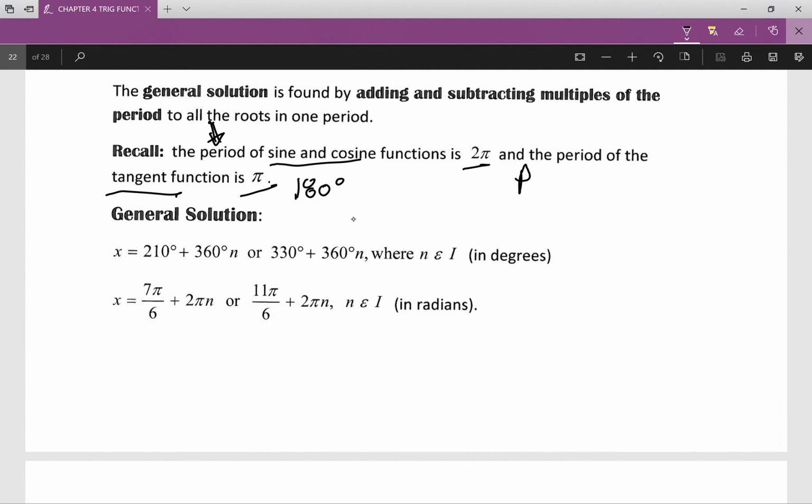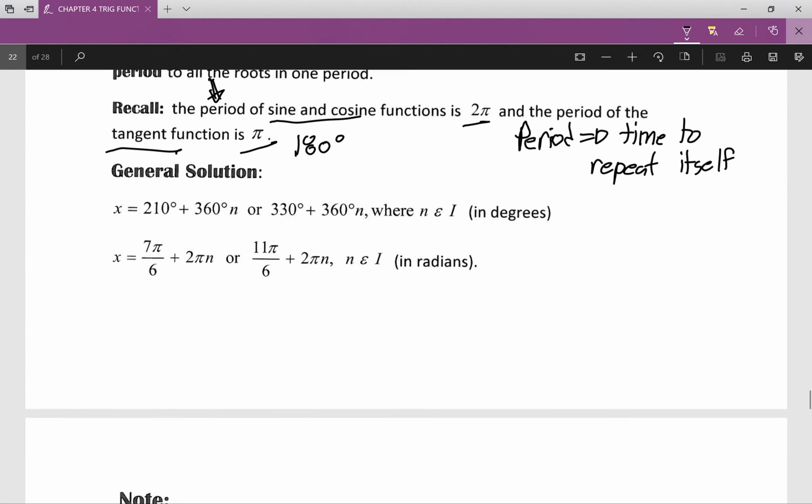For right now, we can just say period is the time to repeat itself. For sine and cosine, it takes 360 degrees, or one full rotation, for the answers to start repeating themselves. For tan, it takes half a rotation. Again, I will get to that in depth in the next unit and explain what period means. But for right now, you guys are good with just adding the 360 or the 2 pi n.